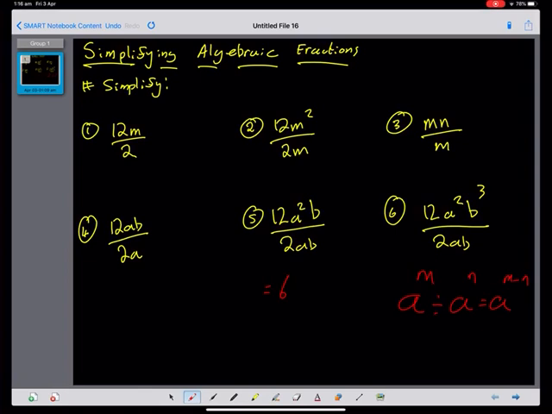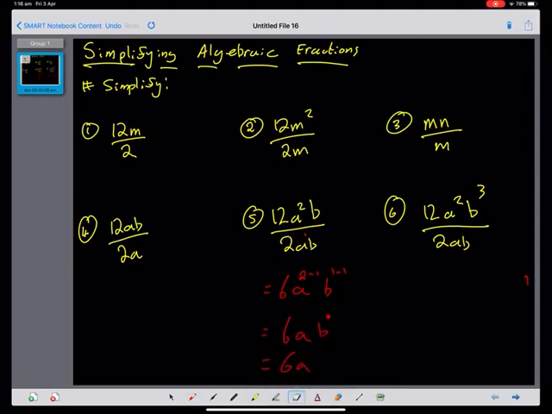So we get a to the 2 subtract 1. So we just imagine there's a little 1 here. And then we have b, 1 minus 1, but you should know that b divided by b is 1. Okay, so we're going to get 6a because 2 minus 1 is 1, and b to the 0 is just 1, so we just get 6a.